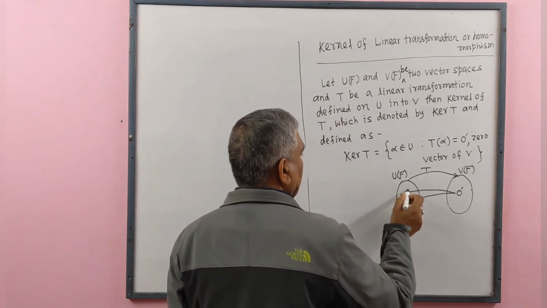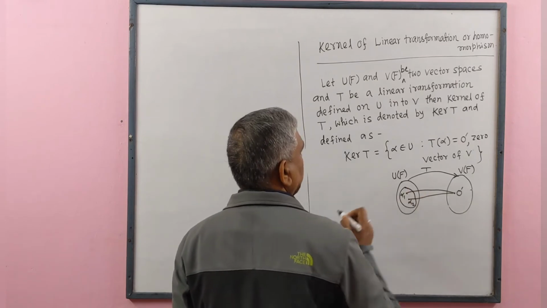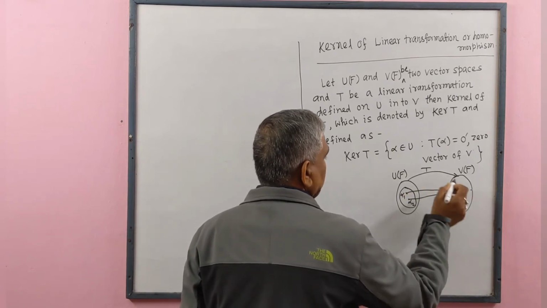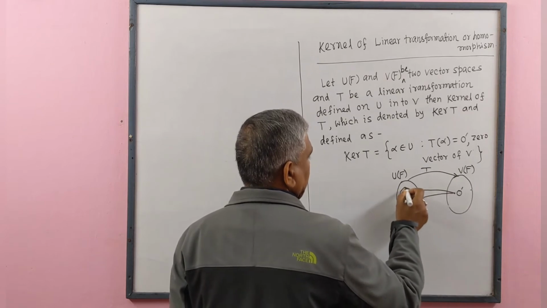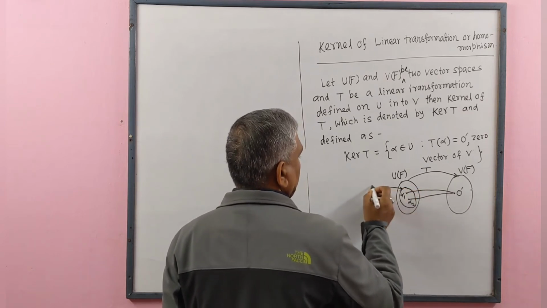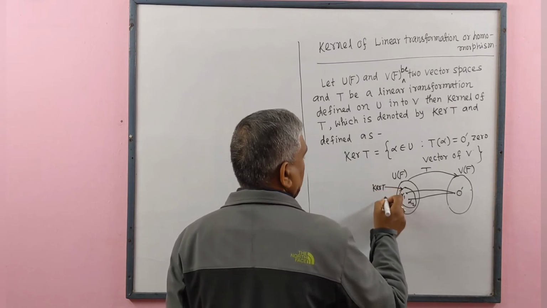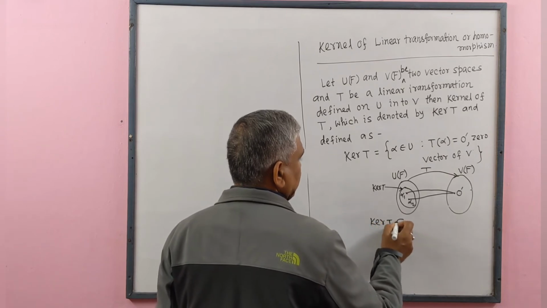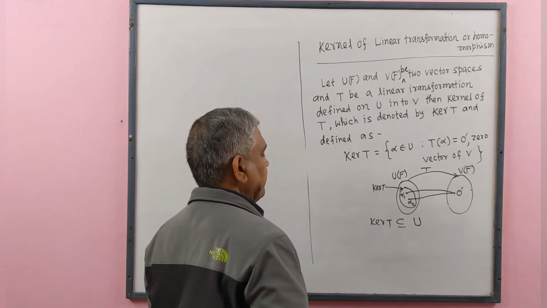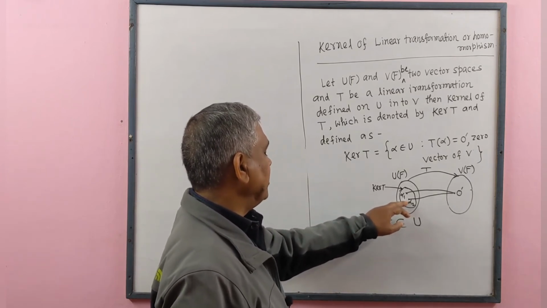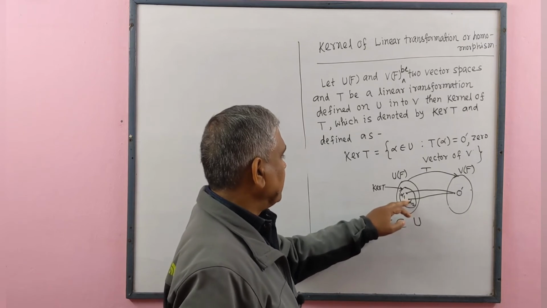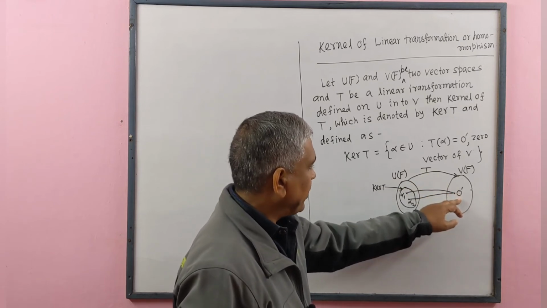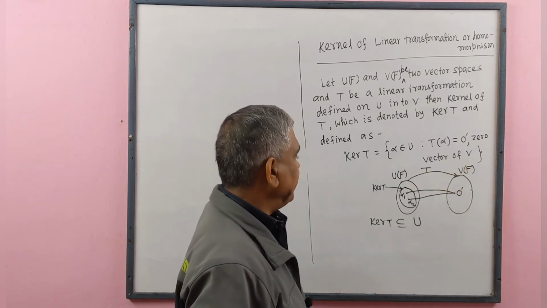We collect all those elements of U whose image is 0 prime, then this set is called ker T. Ker T is a subset of U such that each element of ker T gives image T equal to 0 prime, meaning the zero vector of VF.